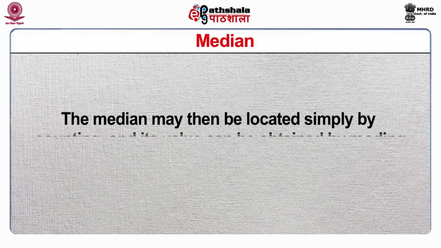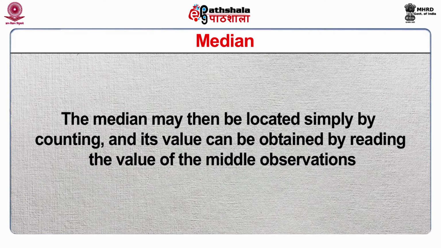The median of ungrouped data is found easily if the items are first arranged in order. The median may then be located simply by counting, and its value can be obtained by reading the value of the middle observation.